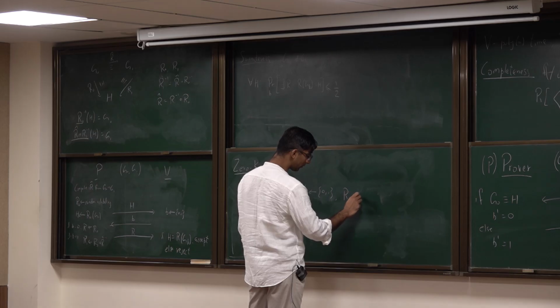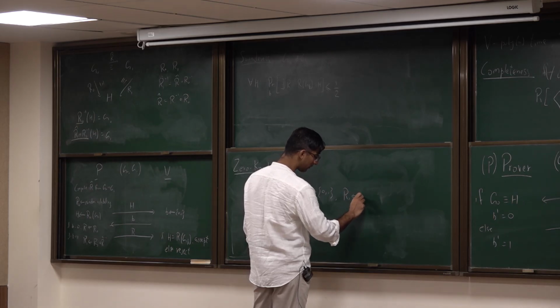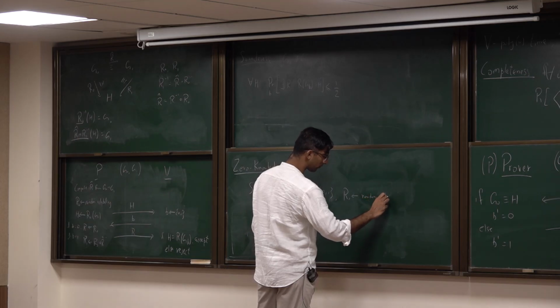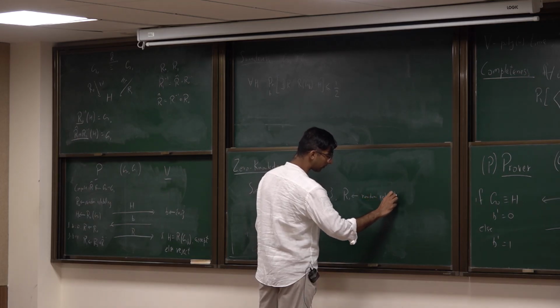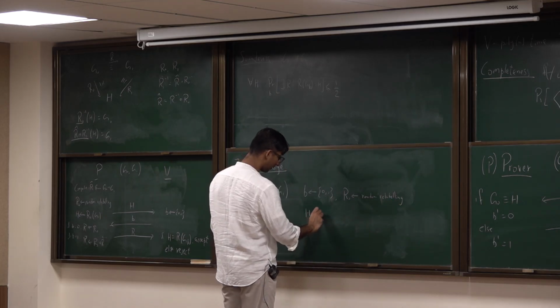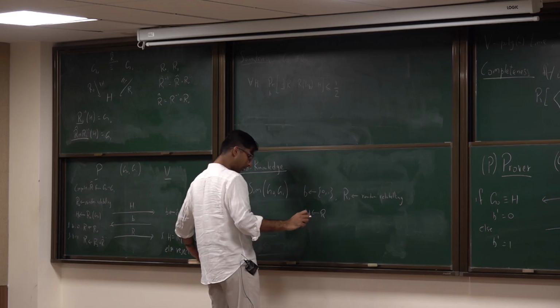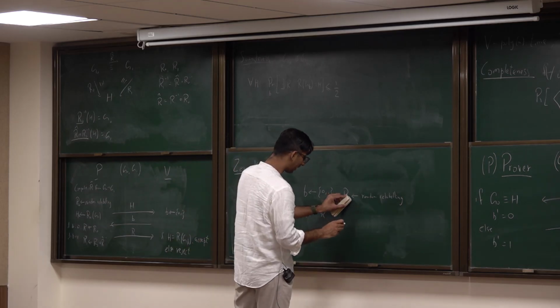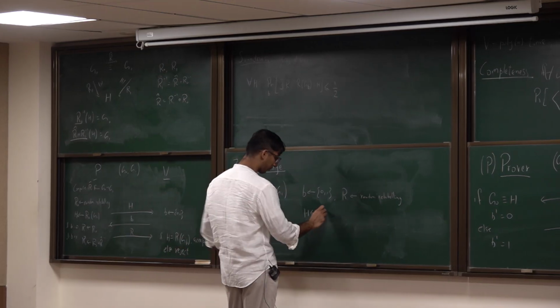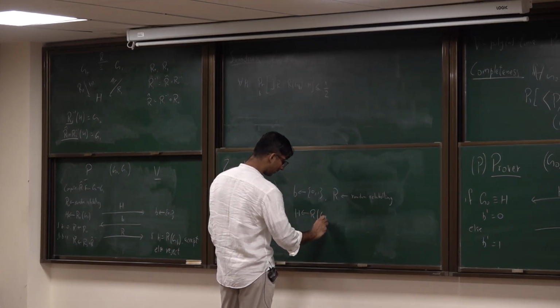Then we could output H as R0 of GB. Let me not call it R0, because you may be applying it to either graph, right? So I want to save that notation for something else. So I'm just going to call it R.